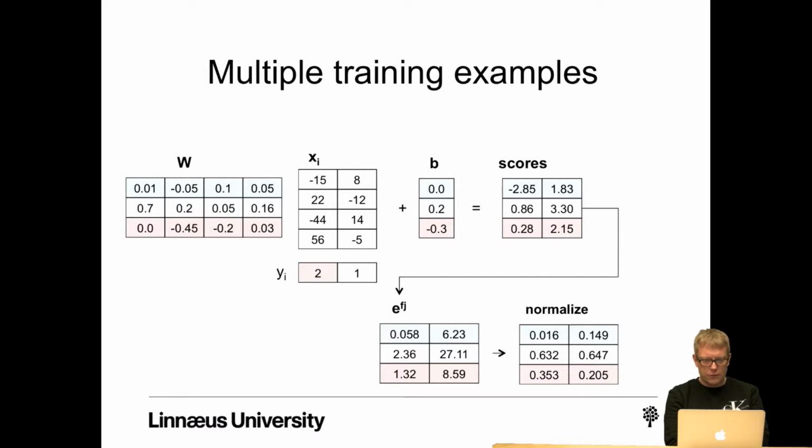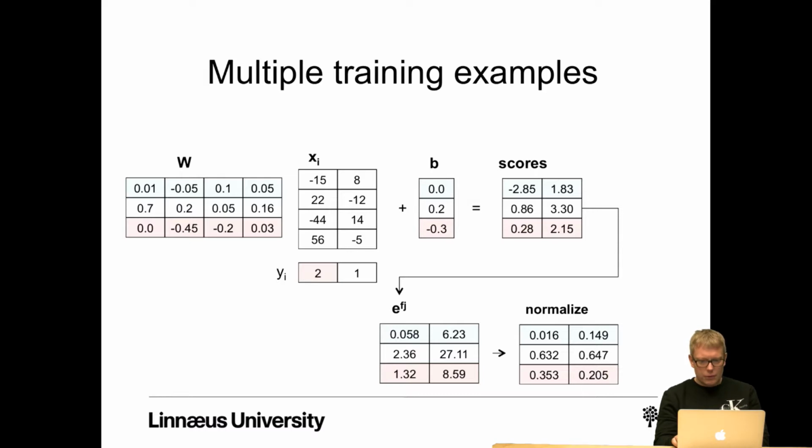So the first column is the result from multiplying the weights with the first training example. The second column in scores, that's the result of multiplying the weights with the second training example. And then we calculate the log probabilities and normalize them as before. So the normalized is now a matrix instead of a vector.